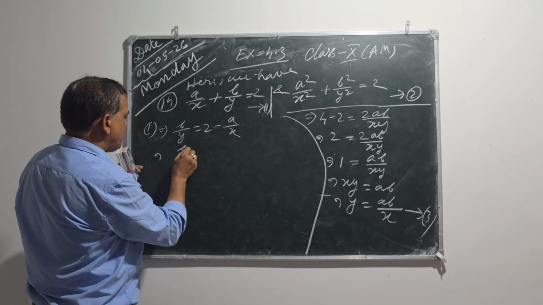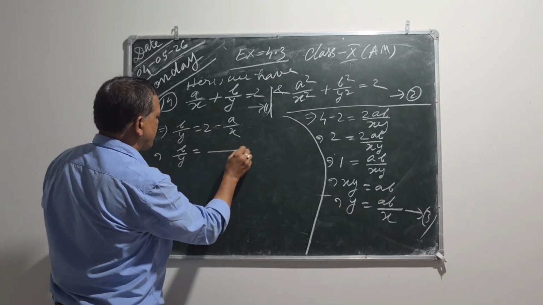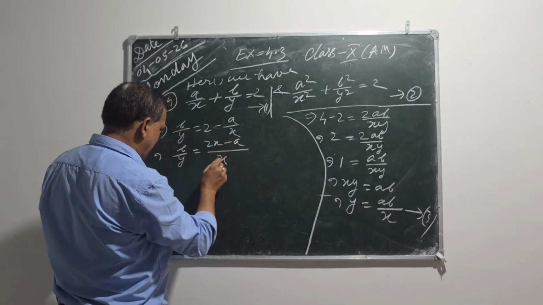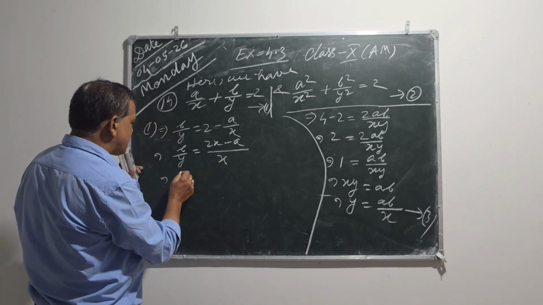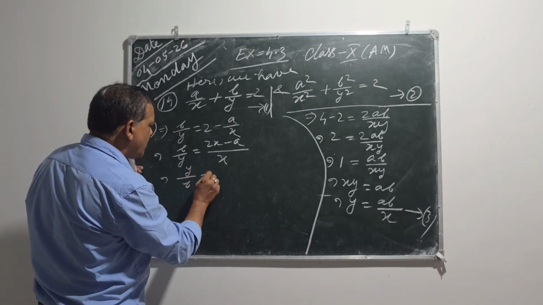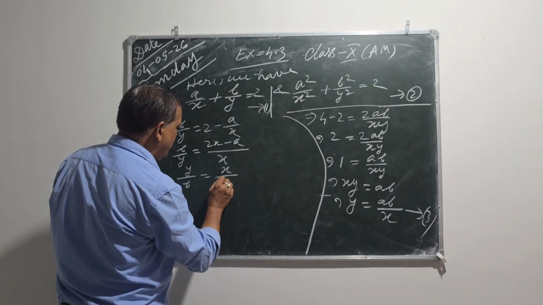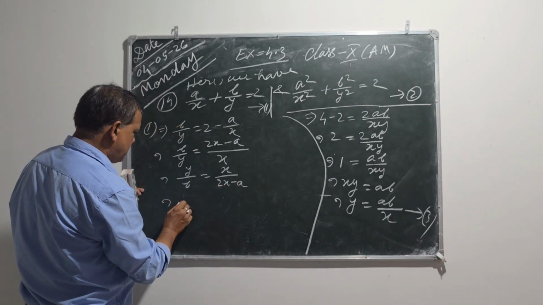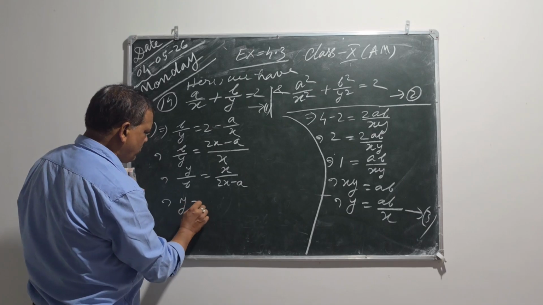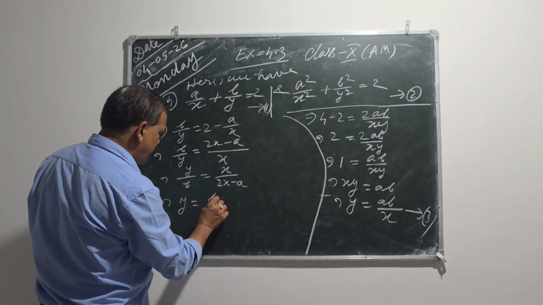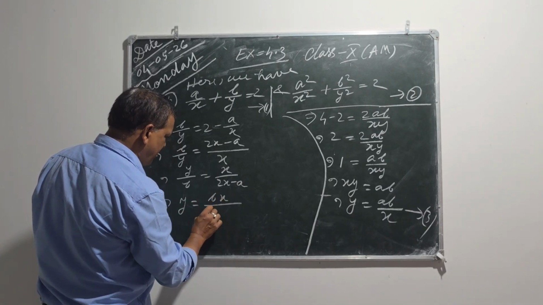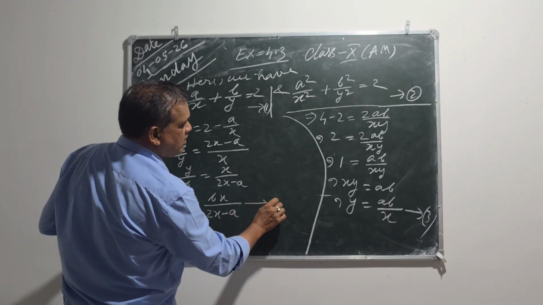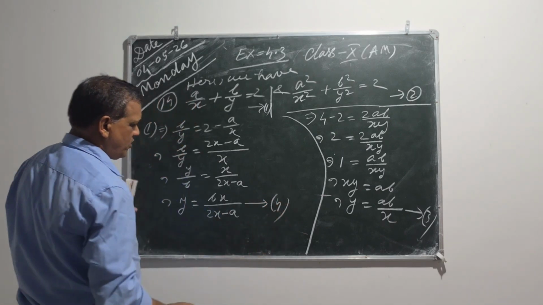Then b by y equal to, taking LCM x, it will be (2x minus a) by x. So let us take the reciprocal, y by b. Here also the reciprocal will be x by (2x minus a). That is y equal to, it will be bx divided by (2x minus a). This one, relation number 4 say.